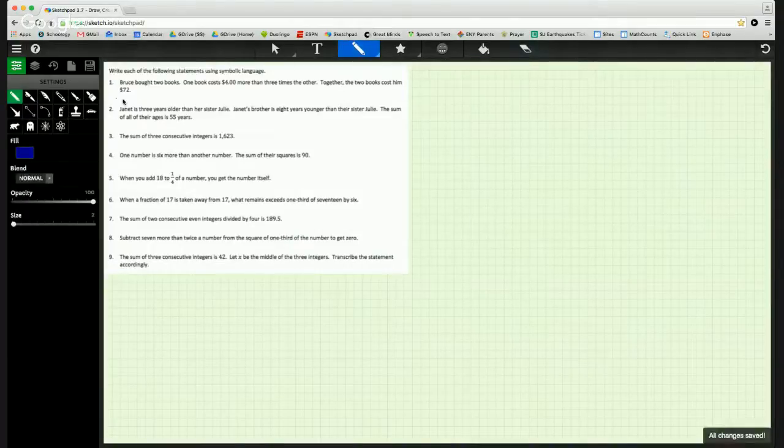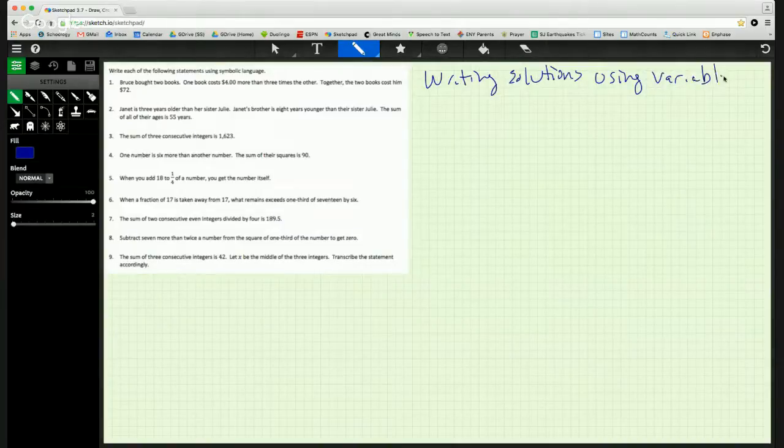So let's look at this first one. In each question, we're always going to be writing solutions using variables. So we're going to be using variables, and all variables are unknown numbers.